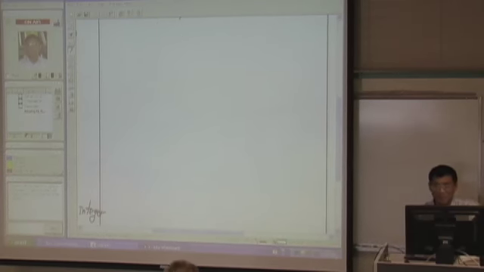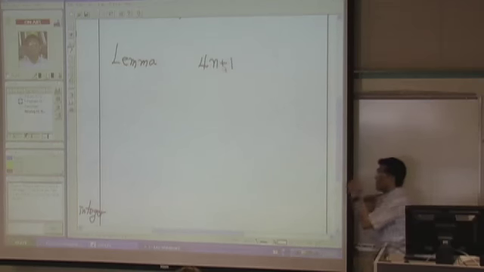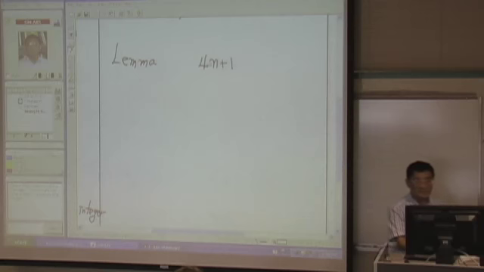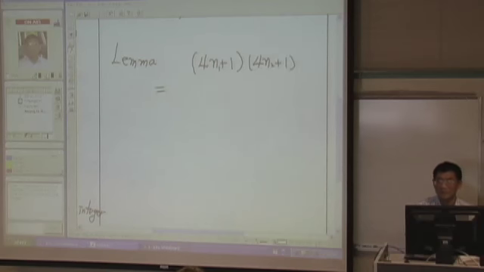First of all, before proving the big thing, we will prove a small statement, a small lemma. Assume that we have 4n plus 1 pattern in the set. Then if we multiply these kind of patterns, for instance, 4n1 plus 1 and 4n2 plus 1, then what happens? We can multiply this through: 16 n1 n2, and then 4 n1, and 4 n2, and then 1.